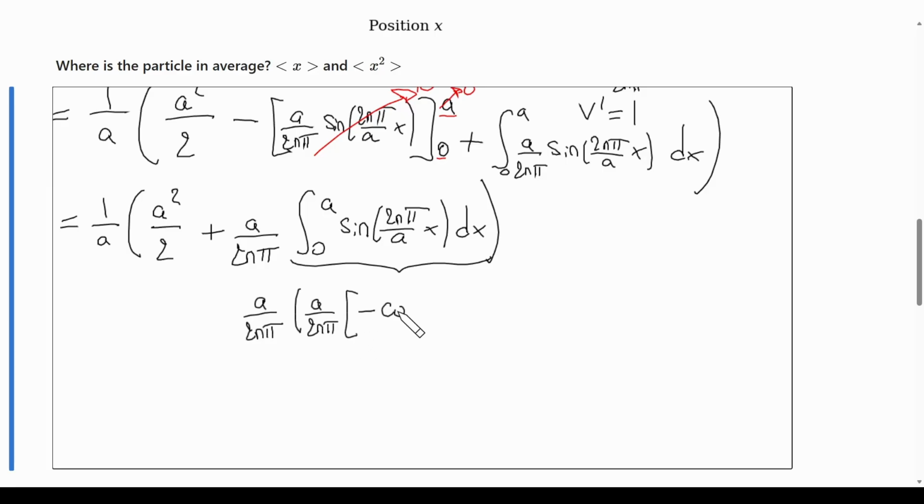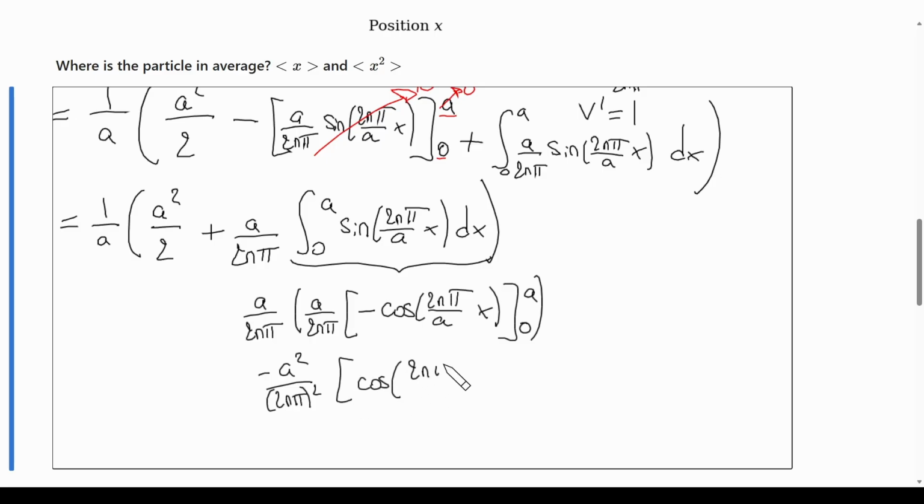Of minus cos(2 n π over a x) from 0 to a. And we have a squared over 2 n π squared, and we can put the minus here. So we have cos(2 n π over a x) from 0 to a.